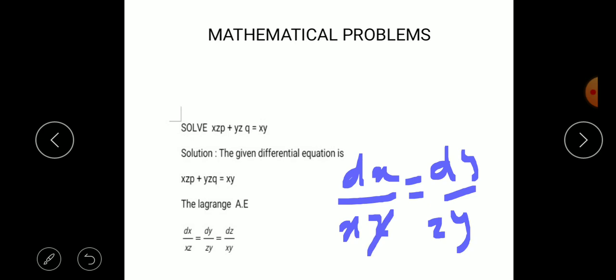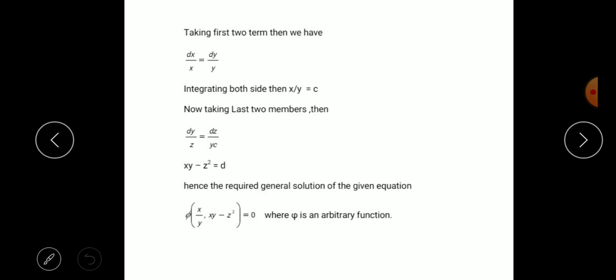So it is clear that this is converted to dx upon x and dy upon y. So taking first two terms, then we have dx upon x is equal to dy upon y.